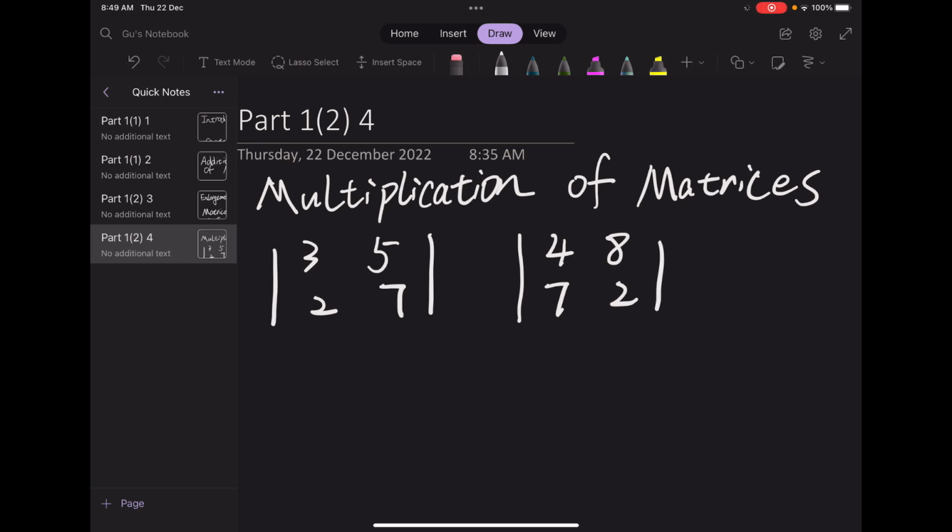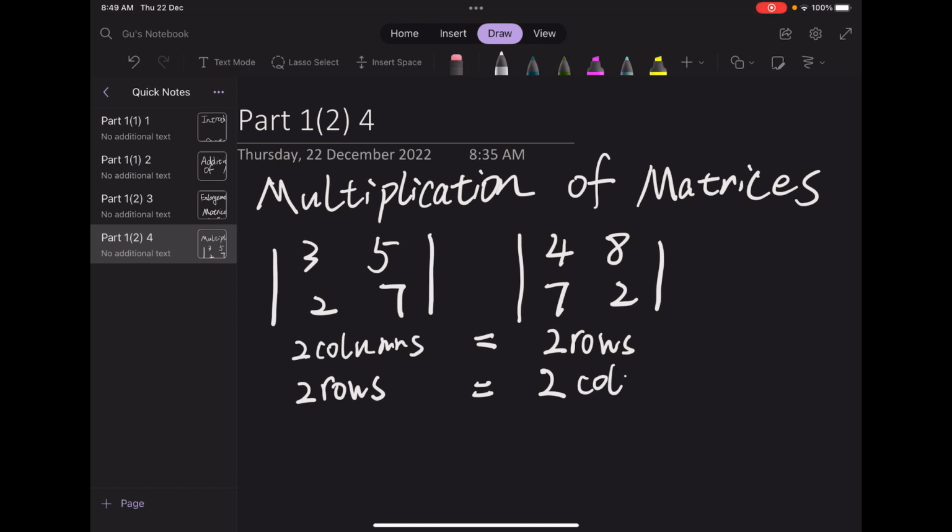The first one has two columns, and the second one has two rows. The first one has two rows, and the second one has two columns. So they can be multiplied.